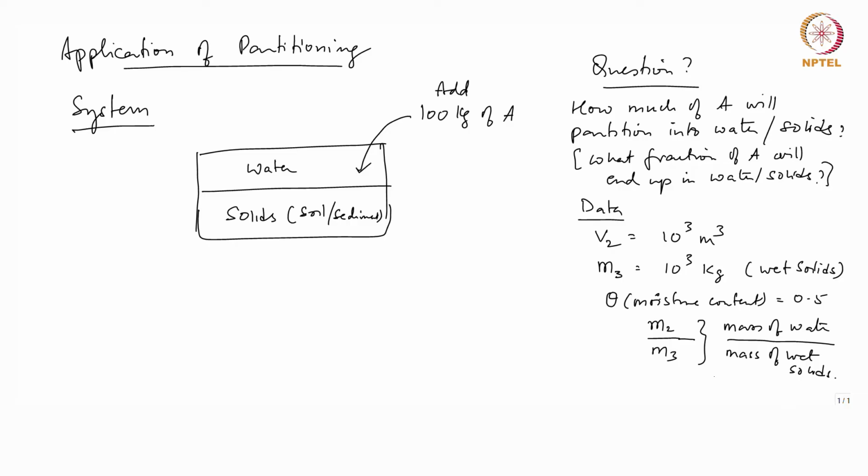Whenever the definition of moisture content is given, this is one way of doing it. The other way of doing this is mass of water over mass of dry solids. And there is a reason why people use dry solids as a reference, because dry solids is absolute. Wet solids need not stay wet, because of the way we measure them. Suppose I want to measure moisture content, I have to go into this layer and take out a sample.